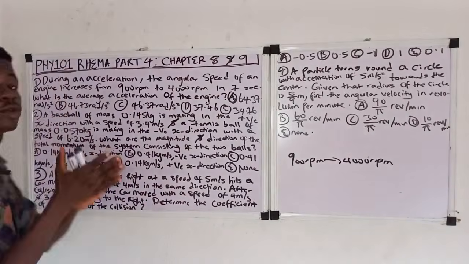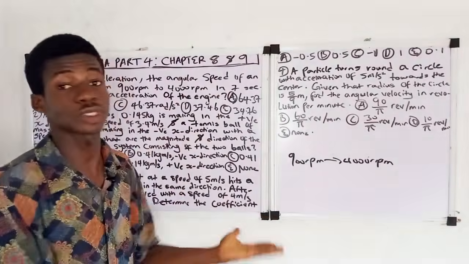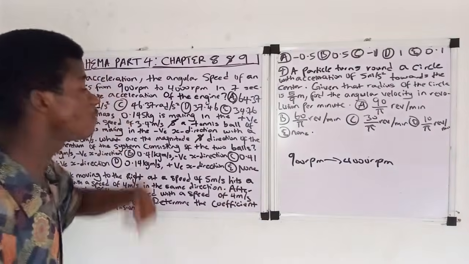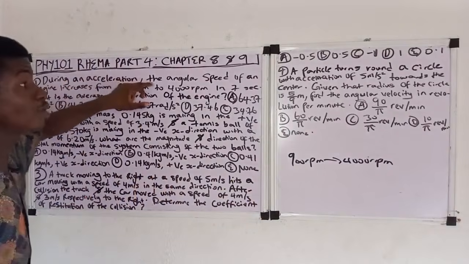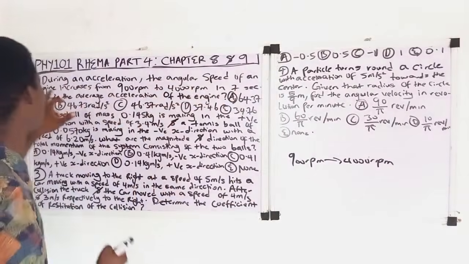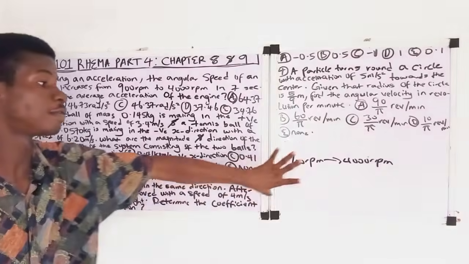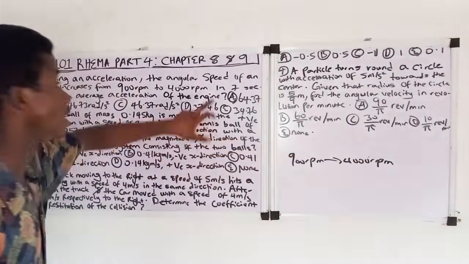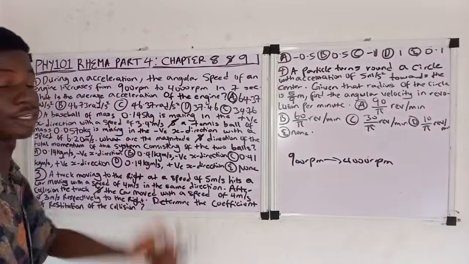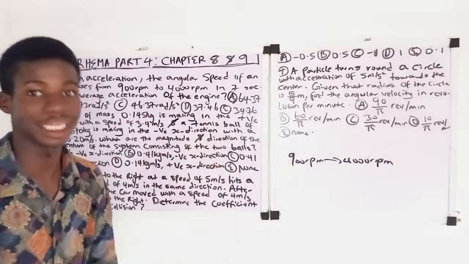To solve this question is very easy. Let's go back and read the question. During an acceleration, the angular speed of an engine increases from 900 RPM to 4000 RPM in 7 seconds. What is the average acceleration of the engine?